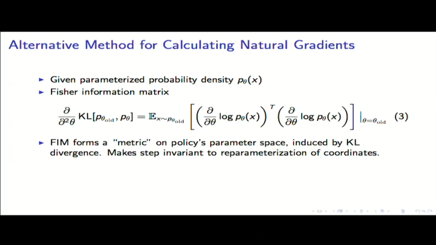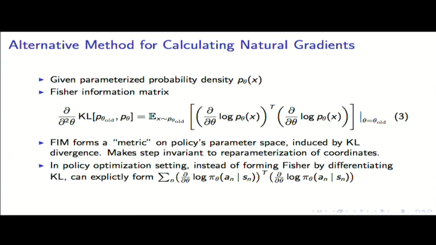Okay, and the nice thing about this equality is that, instead of taking the second derivative of the KL divergence to compute the matrix H that we were talking about before, we can instead compute grad log probability at a bunch of states and take the outer product of it with itself. So we're getting second moments of grad log probability, and using that to compute our update.